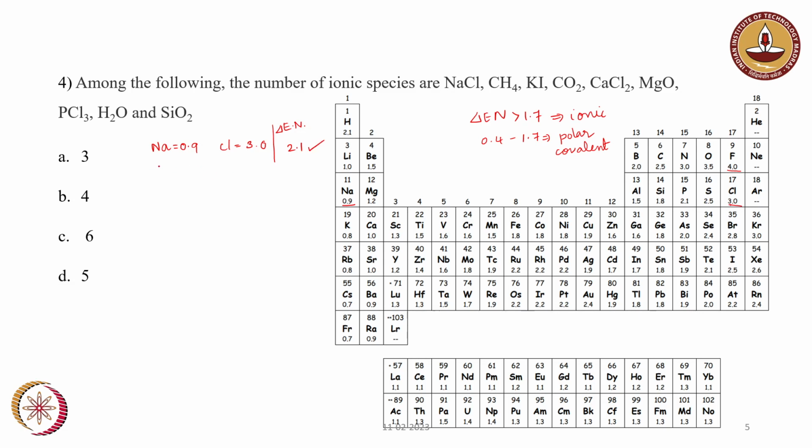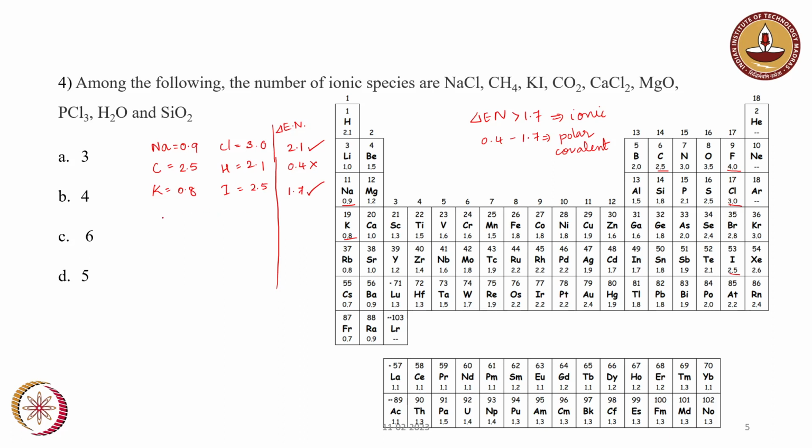And next one is CH4. In CH4, carbon is 2.5 and hydrogen is 2.1. So the difference is only 0.4. So it's a covalent molecule. Next one is potassium iodide. Potassium is 0.8, and iodine is 2.5. So it is 1.7.